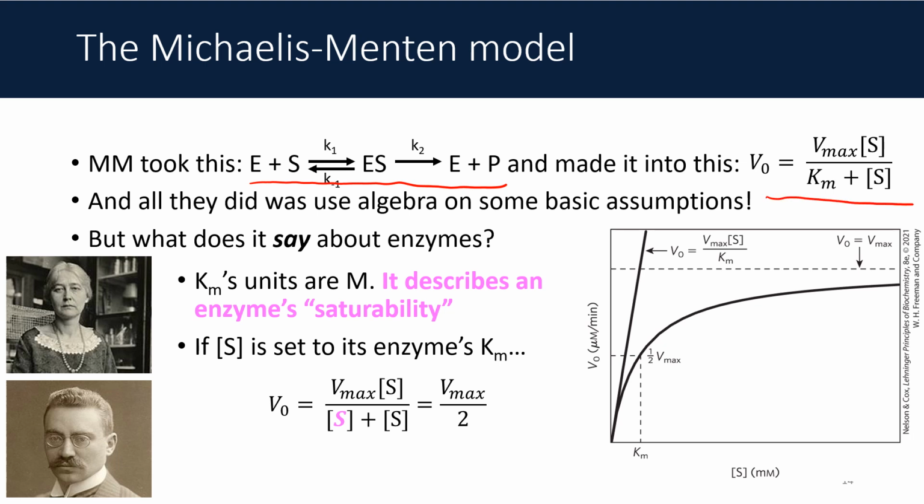And all that Maud Menten and Leonor Michaelis did to get there was a little bit of algebra. There was no trigonometry or calculus or differential equations, just basic add, subtract, multiply, divide, along with 5 simple but essential assumptions. Maud Menten, by the way, is one of the coolest scientists ever.